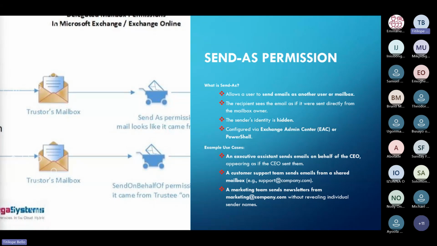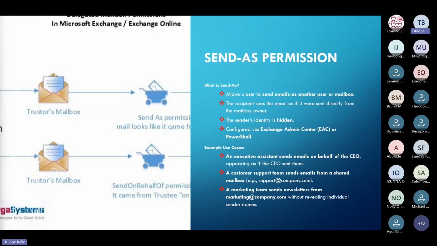Somebody needs to be responsible to reply to that email. And because it's a group email, you created a shared mailbox, for instance, just because you want to reduce the number of licenses that you have to pay for. So in that case, you will assign a send as permission for a user to be able to send email from that particular mailbox. Now, with send as permission, again, the recipient won't see who actually sent the message.